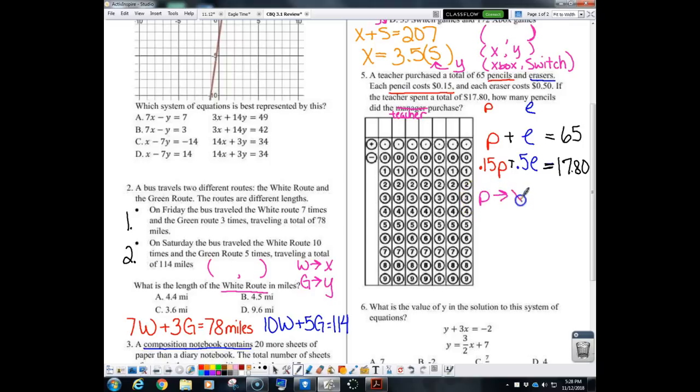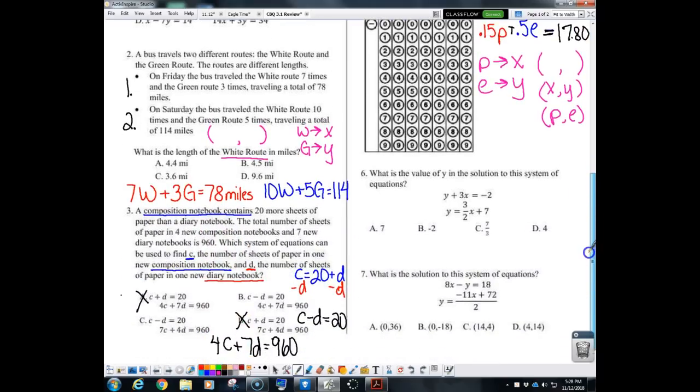Instead of P, use X, and instead of E, use Y. Okay, once you figure that out, you're going to get your solution, and they want to know how many pencils they purchased. So this is X, Y, or P and E. So whatever number's here is going to be your answer, the number of pencils.